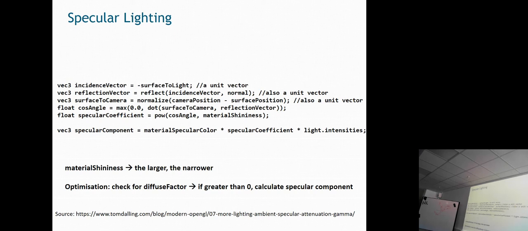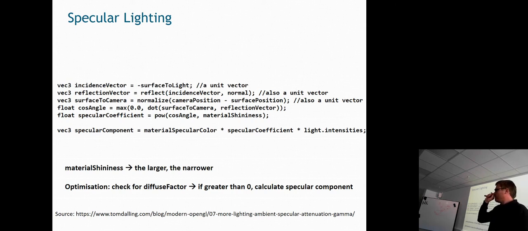One practical aspect here: if you don't have any diffusive effect on the material because it's not illuminated by directional light, you don't need to bother calculating that in the first place. So it's a good way of determining whether you actually need to worry about specular effects. If you don't have any diffusion on a particular pixel, then you will also not have any specular effects on it.